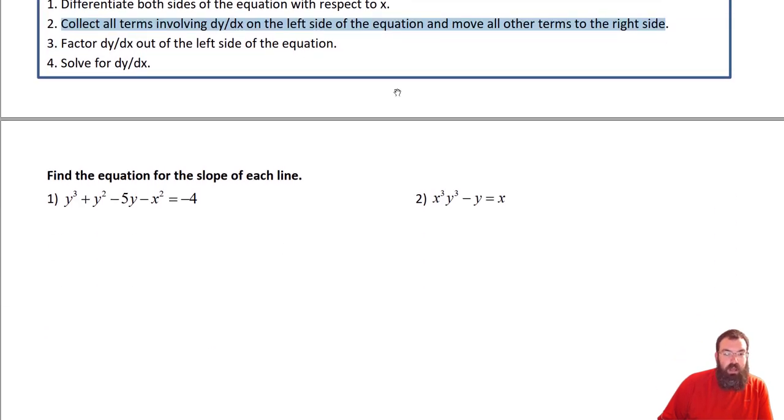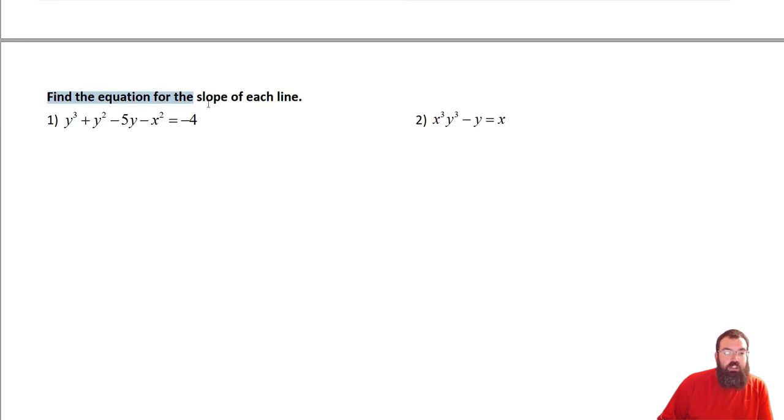So here we go. This is find the equation of the slope of each line. What I want to do is take the derivative of it, because slope is the derivative. So I'm going to take the derivative of the whole thing with respect to x.